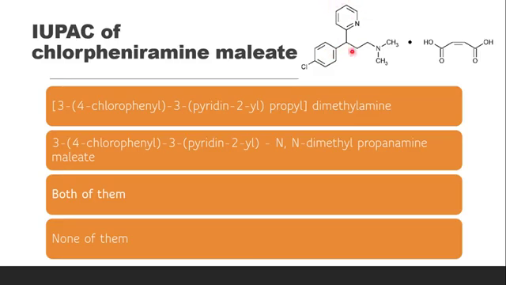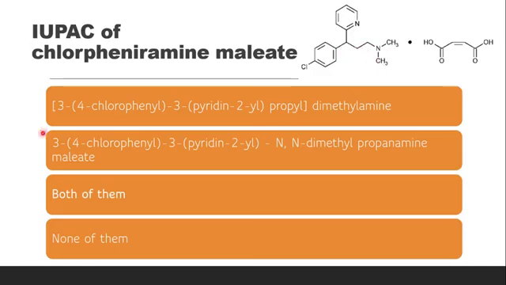Both the rings are present at the third carbon. At the third position there is one substituent known as chlorophenyl, and this is pyridin-2-yl. Why is it 2-yl? Because nitrogen is present at position 1. Actually numbering should start from this, but the attachment is at this position. So it is pyridin-2-yl, and this is propyl, and this is dimethylamine.